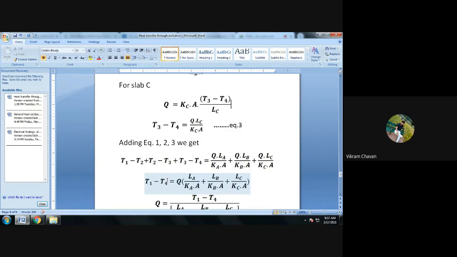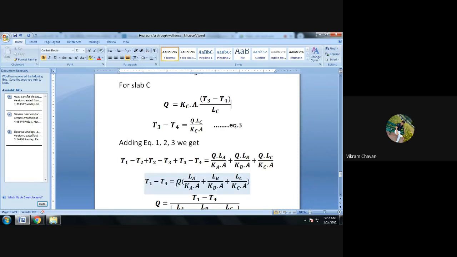On the right side, Q is a constant present in all three terms, so we have taken it outside the bracket as common. So we will get the equation T1 minus T4 equal to Q into bracket L suffix A divided by K suffix A multiplied by A, plus L suffix B divided by K suffix B multiplied by A, plus L suffix C divided by K suffix C multiplied by A.